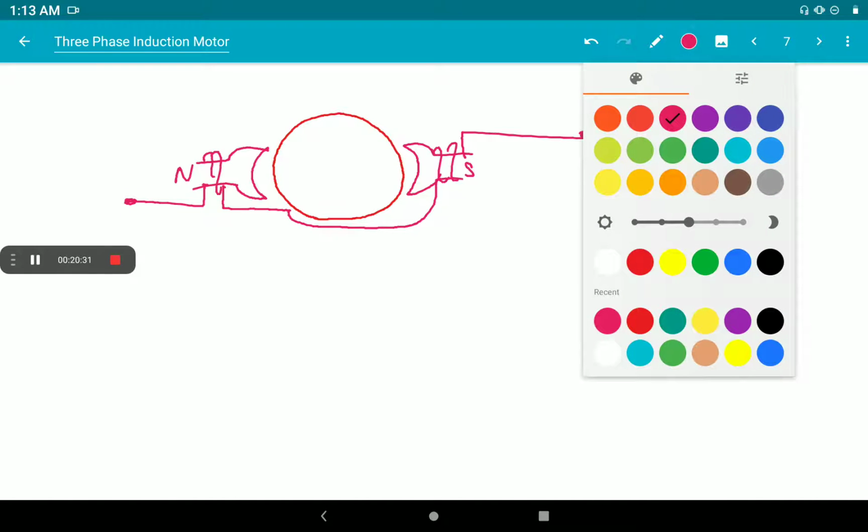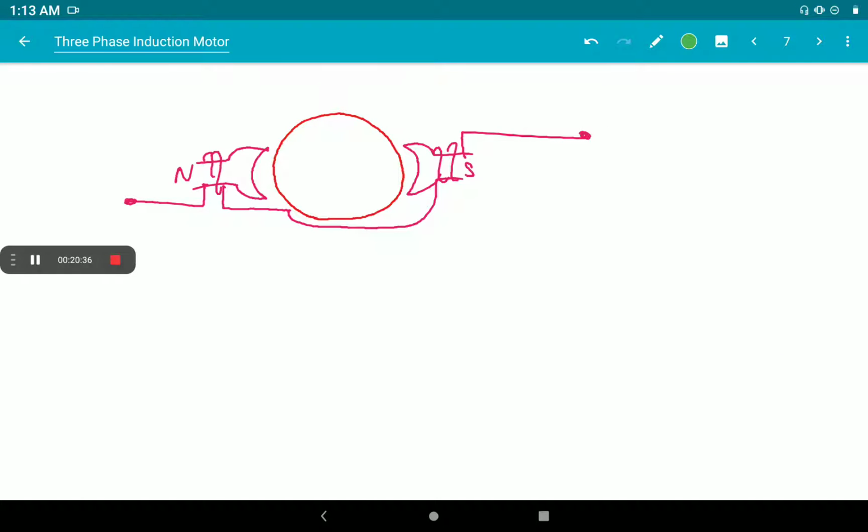Okay. Then take another coil. This should be 120-degree phase difference apart. So take here. Okay. And this coil should be connected with each other, and the end is taken outside.